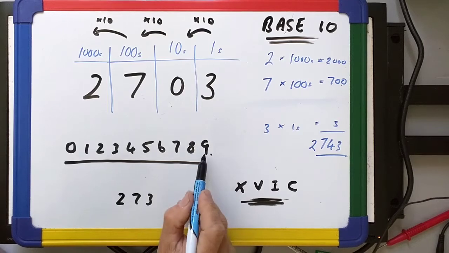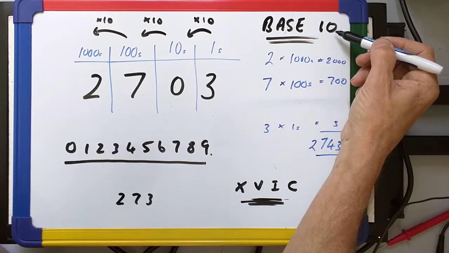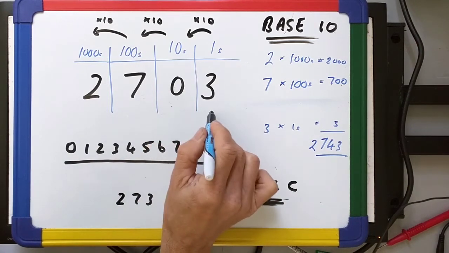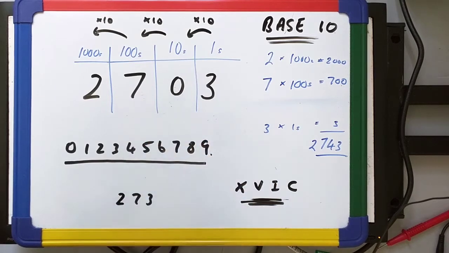And you'll notice that the largest symbol you can have there, 9, is 1 smaller than the base, because when you go 1 above that, you put a 0 here and move your 1 across. So bear that in mind when we look at the binary system.